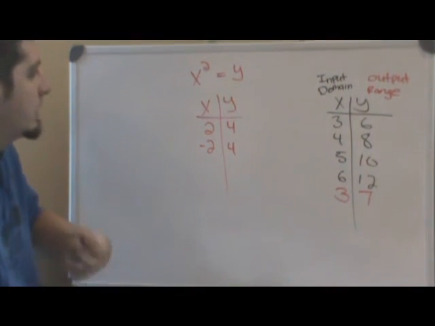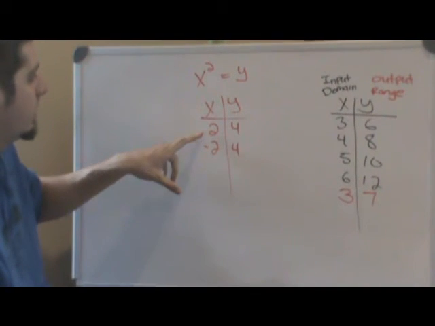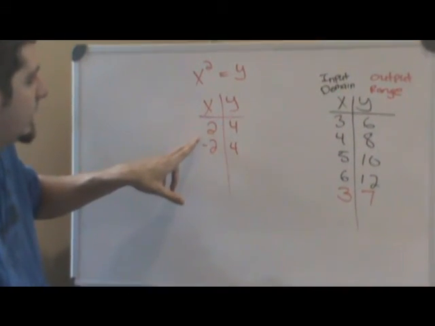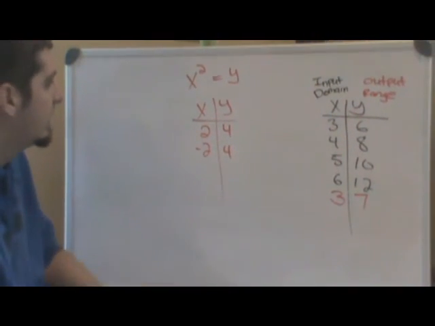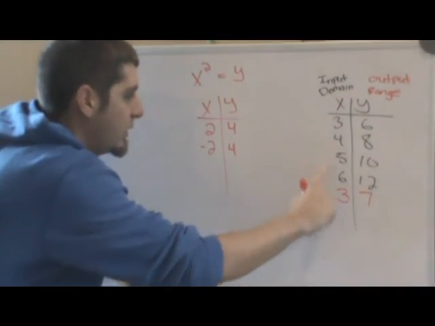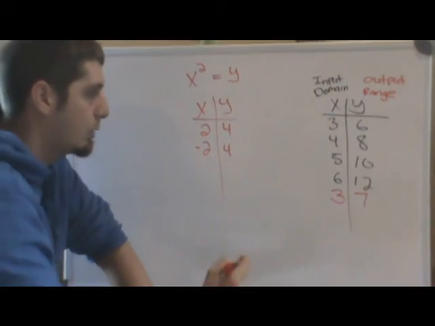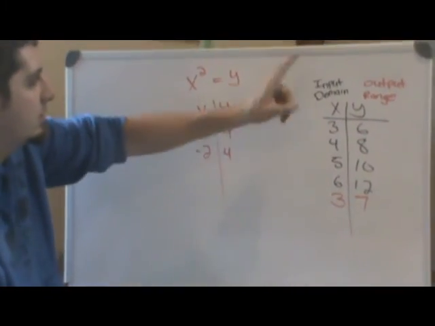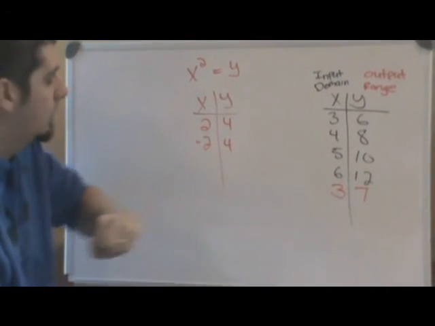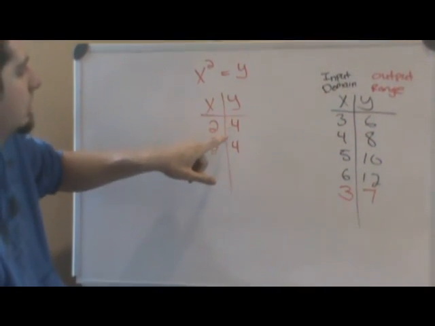So it is possible, and it does make sense, that two numbers, such as 2 and -2, would get you the same answer. That does make sense. It doesn't make sense that you would plug the same number into the same equation and get two different answers. So you cannot see repeats in the domain. You can see repeats in the range.